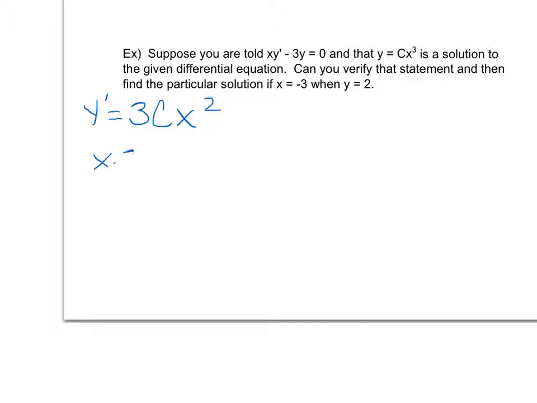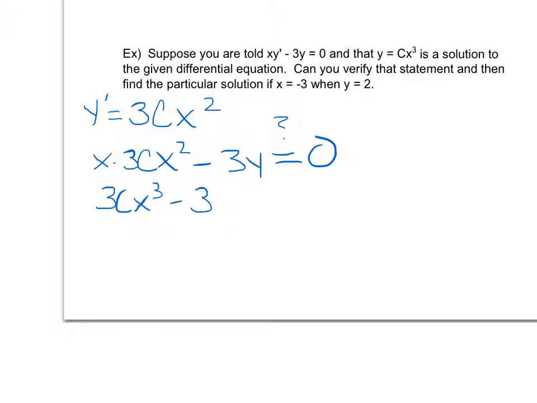I get x times 3cx squared minus 3y, does it equal 0? Because if this is a solution. Well, that gives me 3cx cubed minus 3, I forgot to plug my y back in, which is cx cubed. Well, notice that I am subtracting the same thing, so that does equal 0, so it does work. So there, I have now verified that it is a solution.